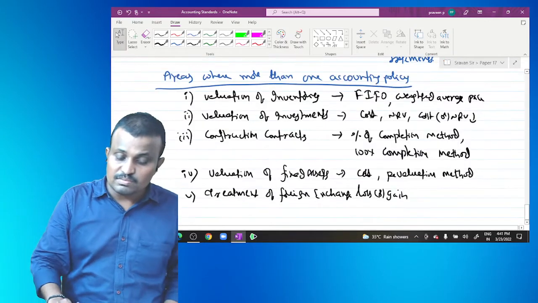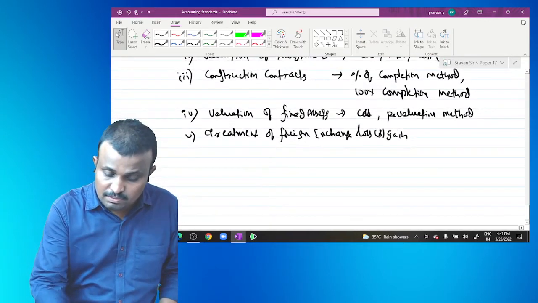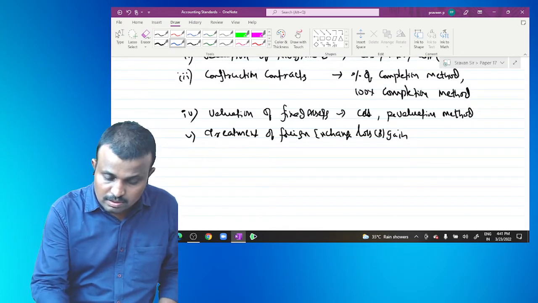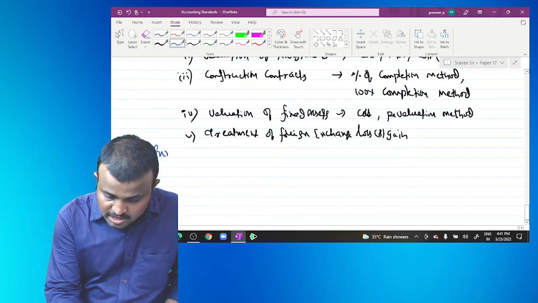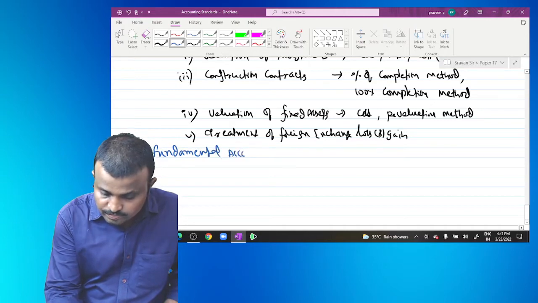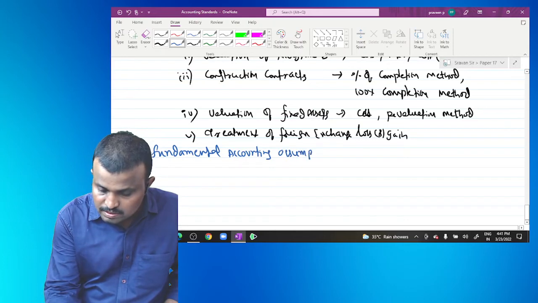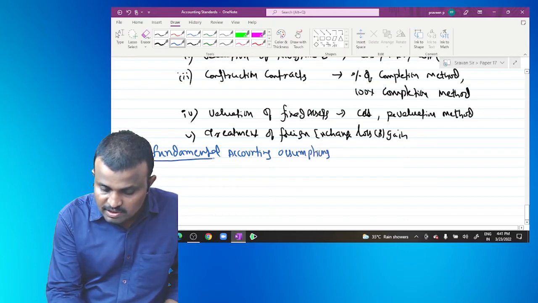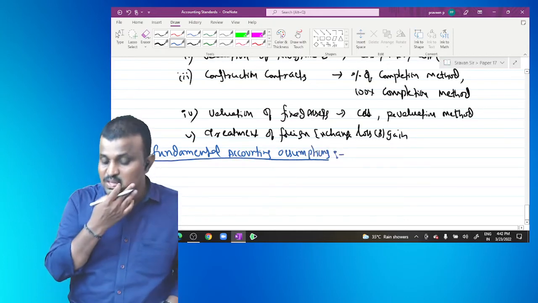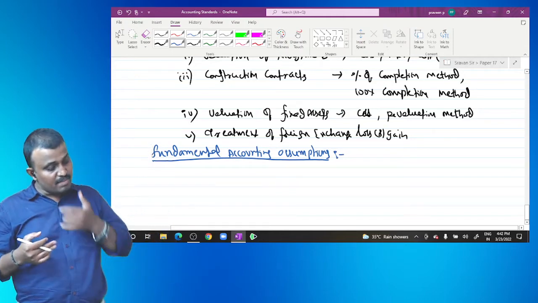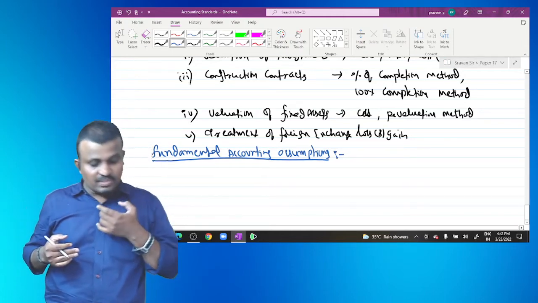Then coming to the next one, fundamental accounting assumptions. So what is meant by fundamental accounting assumption?